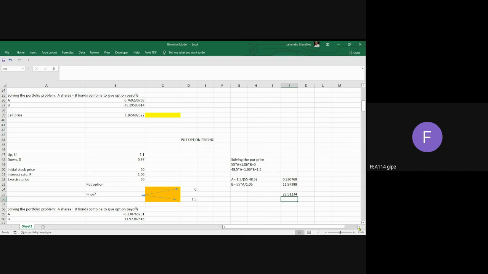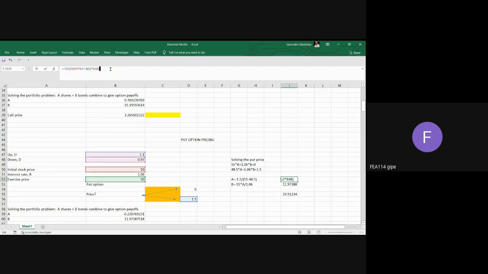So the value of the put option is 23, which is the worst calculation any human being will do in the binomial method. Why? Because when the stock price is 50, the put price cannot be half of that. So as I told you, this answer is wrong. Actually, this is negative, which is wrongly done. So I just put a negative mark on this for the moment, because I know that this is wrong.